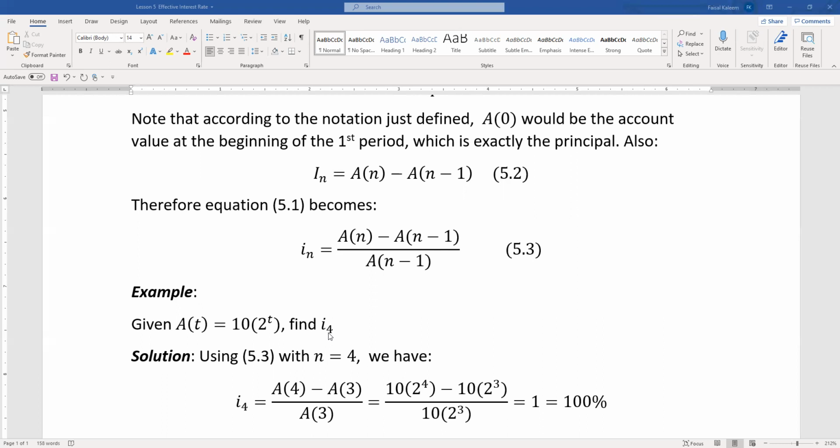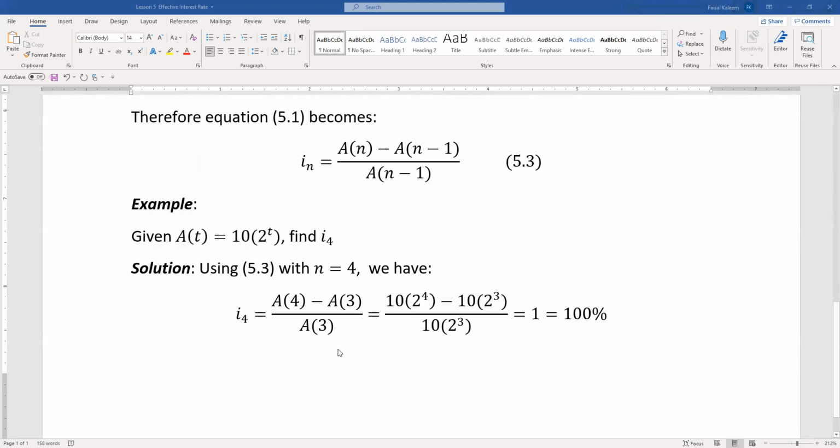So i_4 would be A(4) minus A(3) over A(3). A(4), according to this formula, would be 10 times 2 to the 4, minus A(3), which is 10 times 2 to the 3, divided by A(3). And this simplifies to 1. Since usually we give the interest rate in terms of percentages, 1 means 100%.